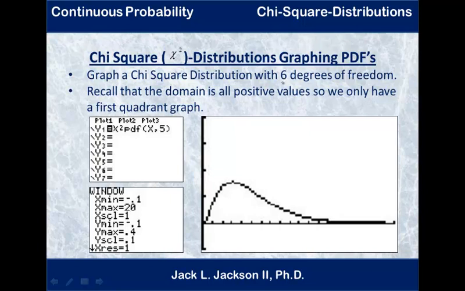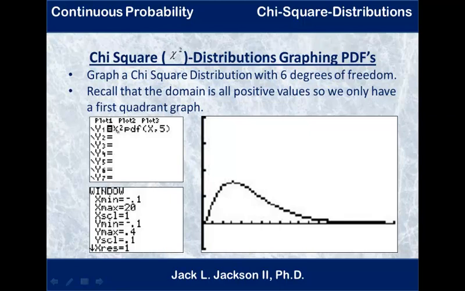Actually, it usually works out if you go out about 2.5 standard deviations. That works out pretty well. So 2.5 times 6 is about 15, so 15 to 20 is a good upper limit for this. Or 2.5 times the degrees of freedom is what I meant to say. So we have -0.1 to 0.4 for y. It turned out to be a decent looking graph here.